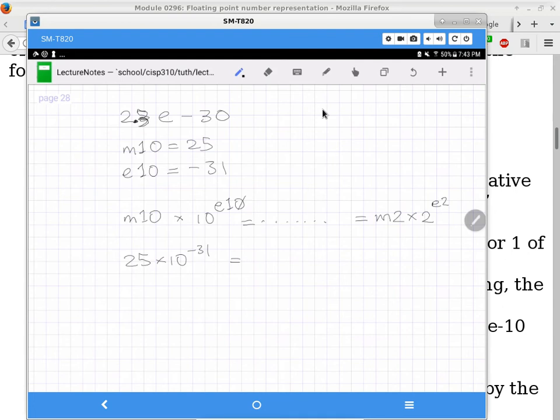Make this 2.3. Now we have 23 instead of 25. I multiply 23 by 2, we have 46, right? 46 divided by 10, if you do an integer division, what kind of percentage am I losing?